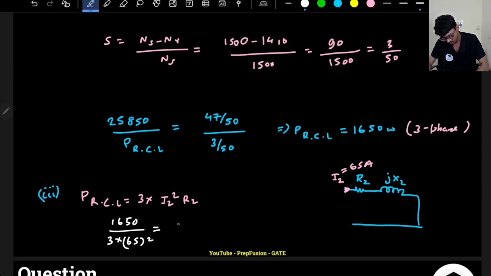So R2 comes out to 0.13 ohms. Okay, so this is what my R2 will be equal to. I hope it is clear.